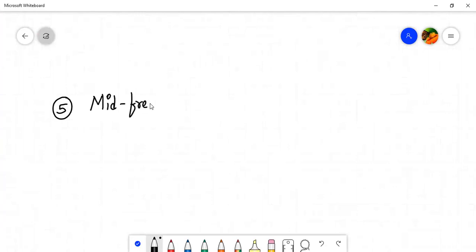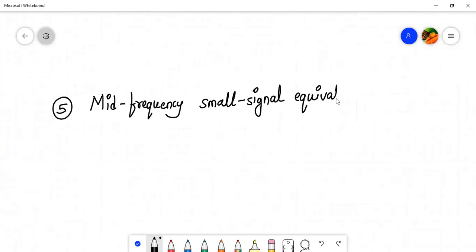We have drawn this many times. For mid frequency, we'll consider all the connected capacitors as short circuit. So, the mid frequency small signal equivalent circuit. We'll quickly draw it and evaluate the formula. No need to derive it; within one step, we can easily write down the formula just by observation.